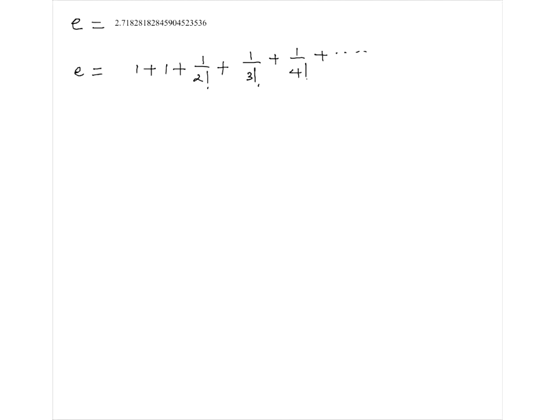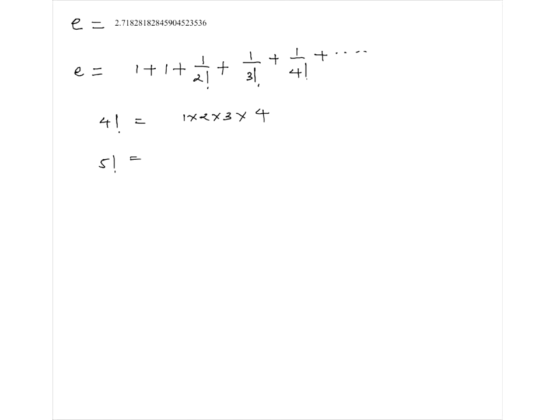This is called factorial. Factorial is something very simple. Factorial 4 means 1 into 2 into 3 into 4.